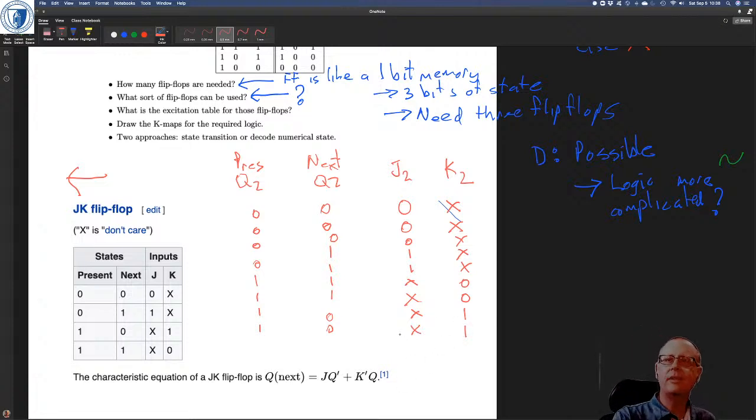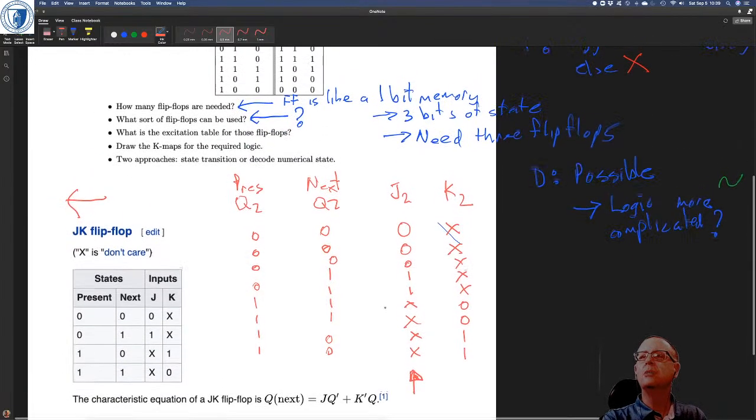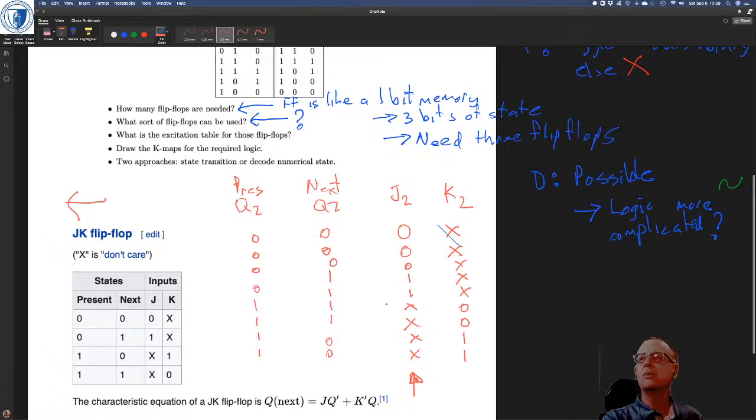Okay, so what this is now going to tell me is I need to design a logic circuit that gives this as my output for J2 with these inputs.